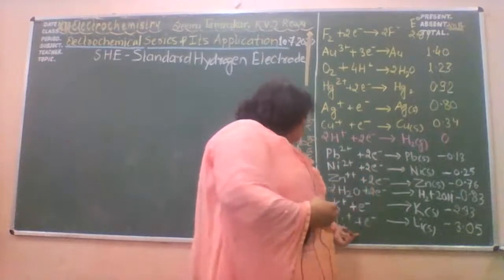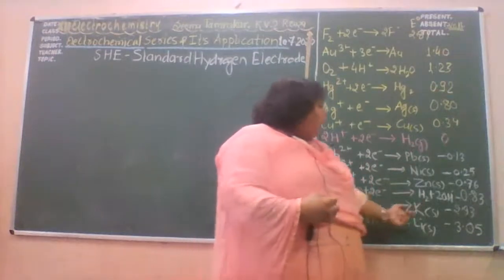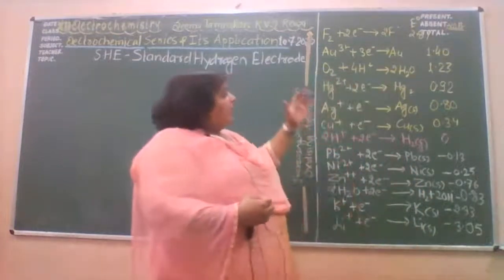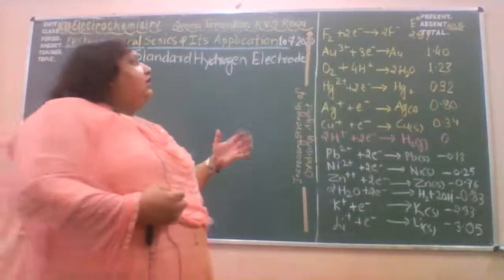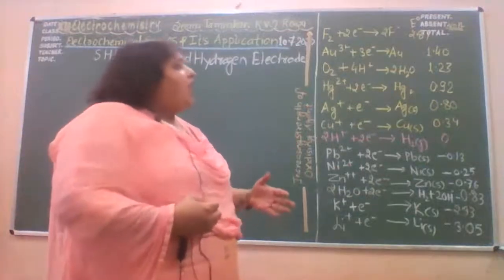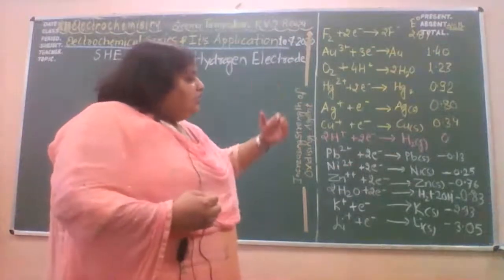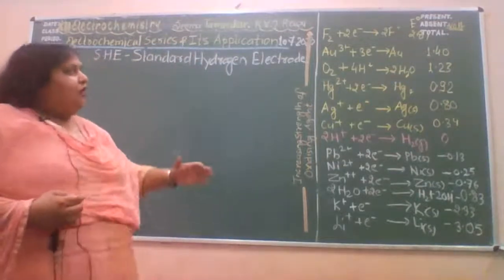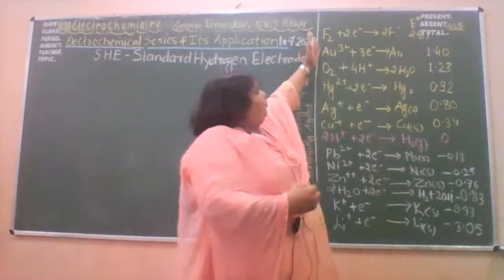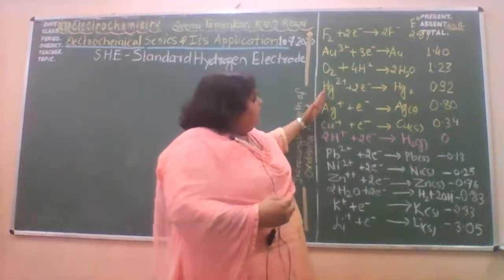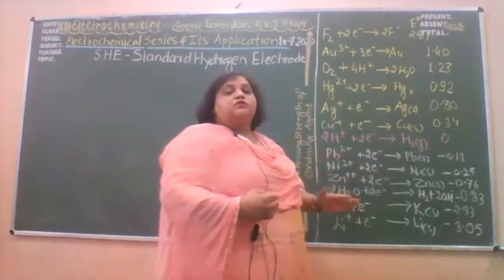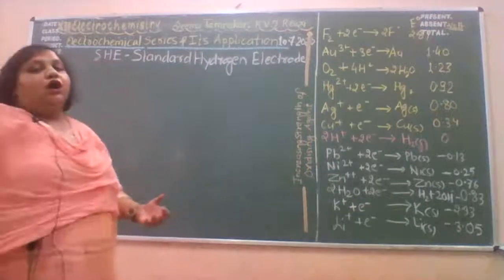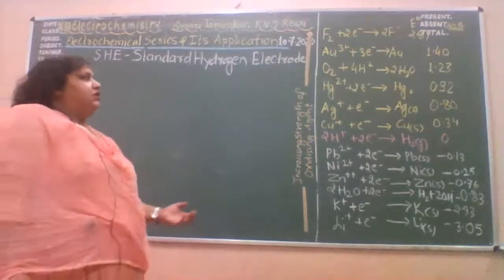The last one is lithium with the value minus 3.05. That means you can come to the conclusion that all these elements are arranged in decreasing order of their electrode potential from top to bottom, in terms of decreasing value of the electrode potential or standard potential.